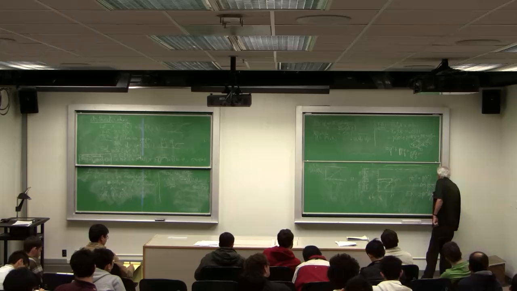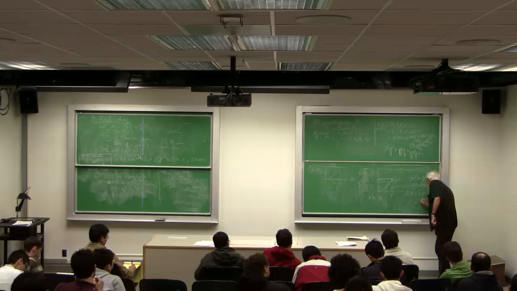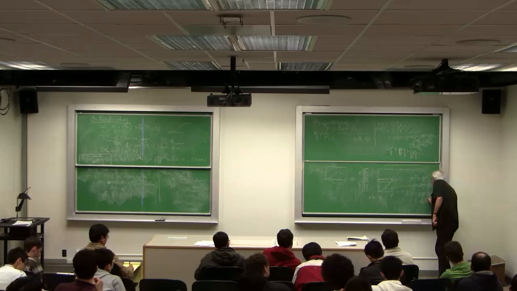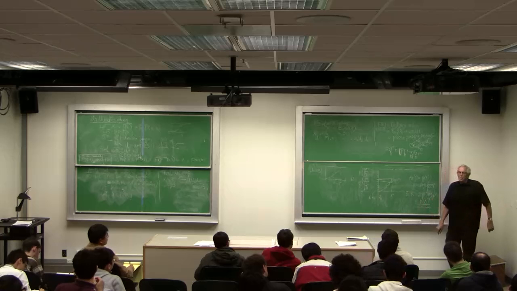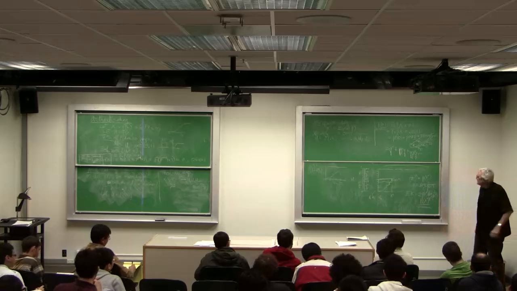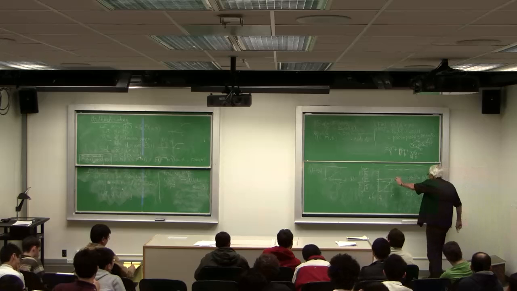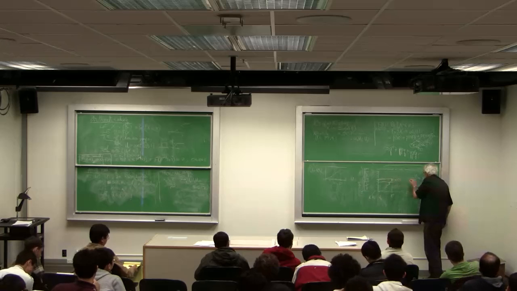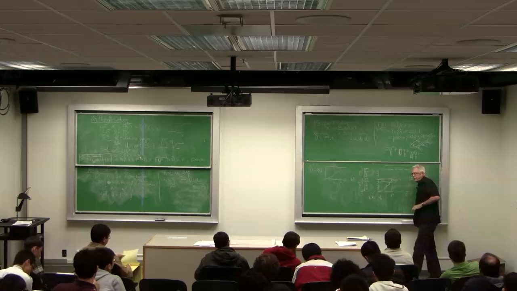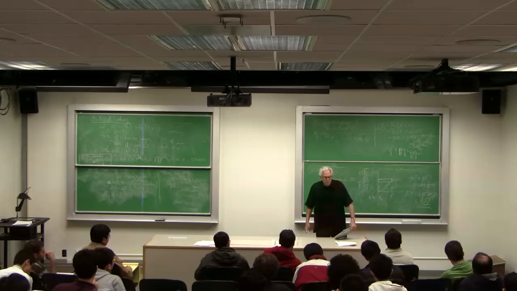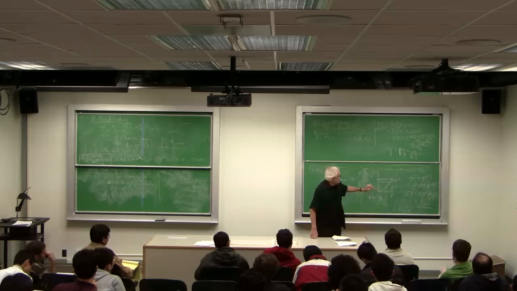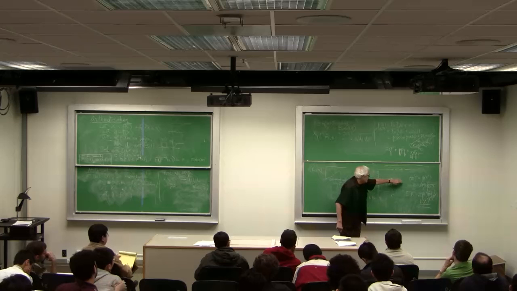log 1 over P of x^n, which is equal to h of X^n, and we've achieved the entropy. Again, I have to be careful when I actually investigate this precisely.